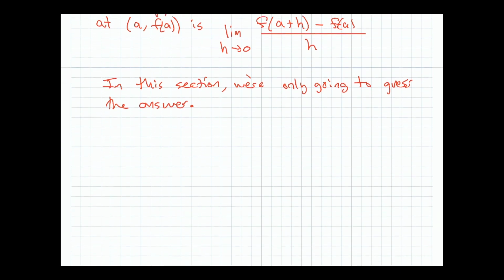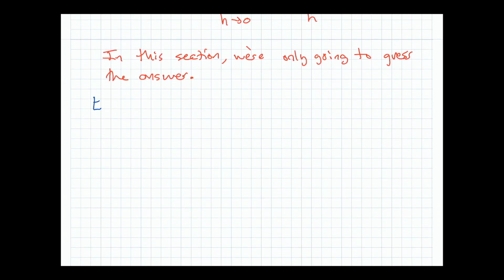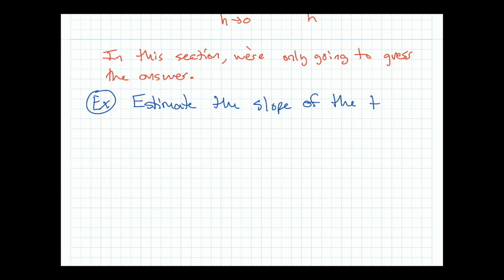So how do we do it? So I'll show you. So here's an example. Estimate the slope of the tangent line to f of x equals negative x squared plus 2x plus 1 at x equals 2.